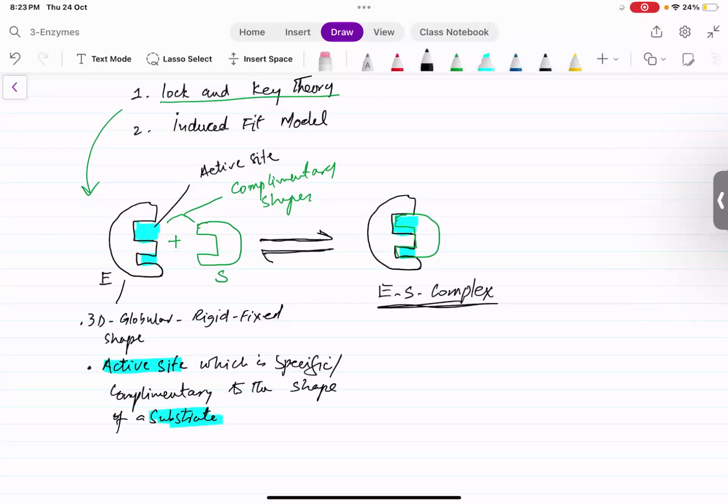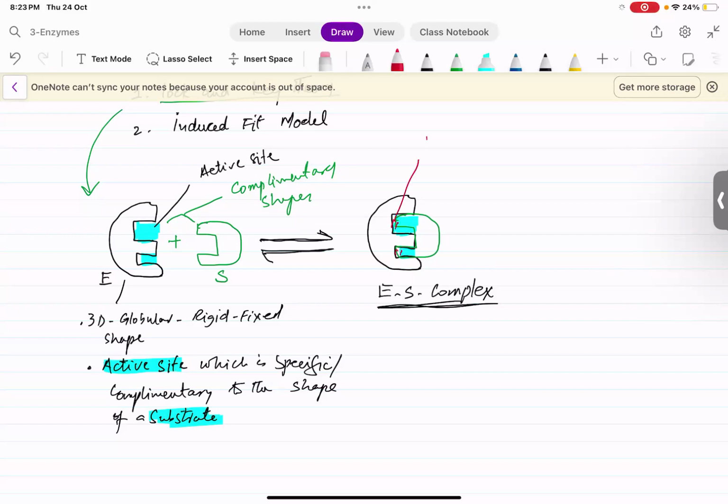There may be hydrogen bonding formed between the substrate and the active site of the enzyme molecule. This is a kind of hydrogen bonding that holds the substrate molecule in the active site of an enzyme.